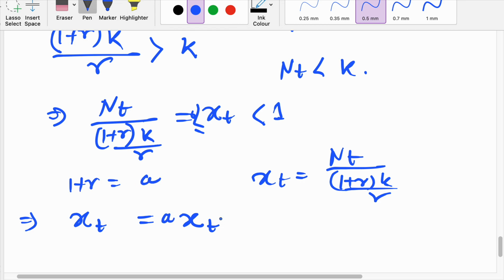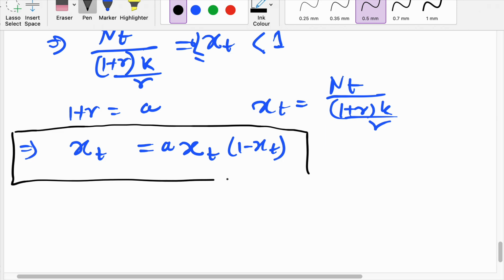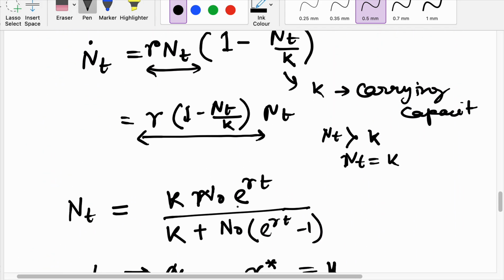This is the form of the equation. Now this is another interesting equation. This is called the discrete version of this continuous equation.